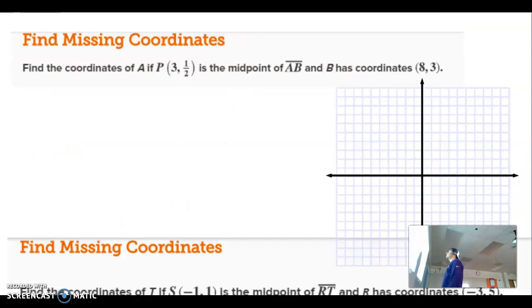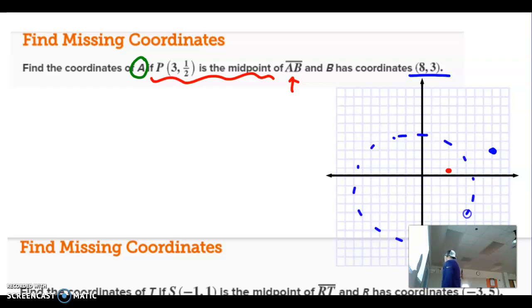So what we see here, this one's a little different. What we're looking at is find the coordinates of A, if P is the midpoint. So P is the midpoint of this line segment. So if I've got P at 3, 1/2 right there, and then I've got my B at 8, 3, I need to find that A, and it's going to be somewhere over here.